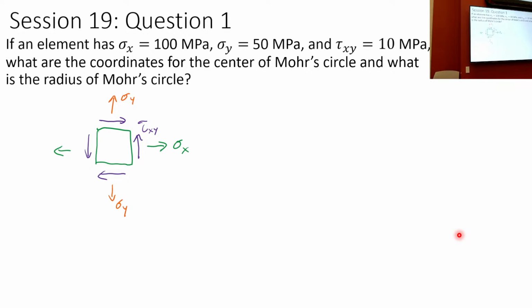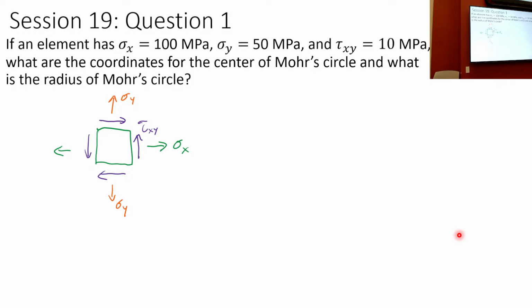Right, it's just the average of these. It's just the average. Does tau xy come in dictating where the center is? Do I care about tau xy for calculating the center of the Mohr circle? No. Okay. So this is a pretty straightforward problem. So essentially, what's the average of 150 and 150?